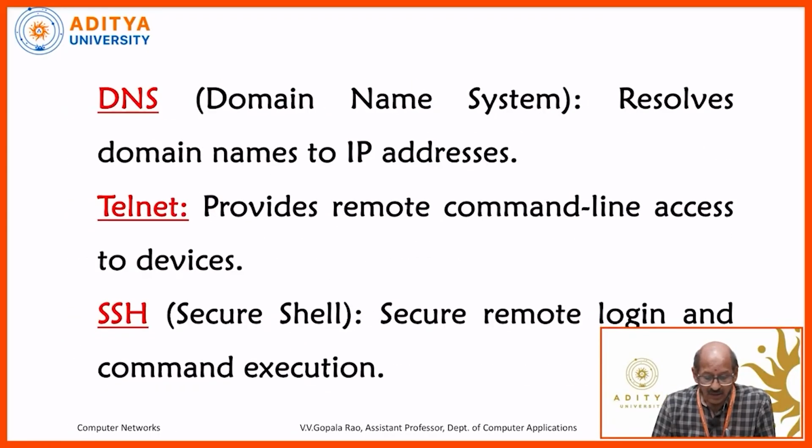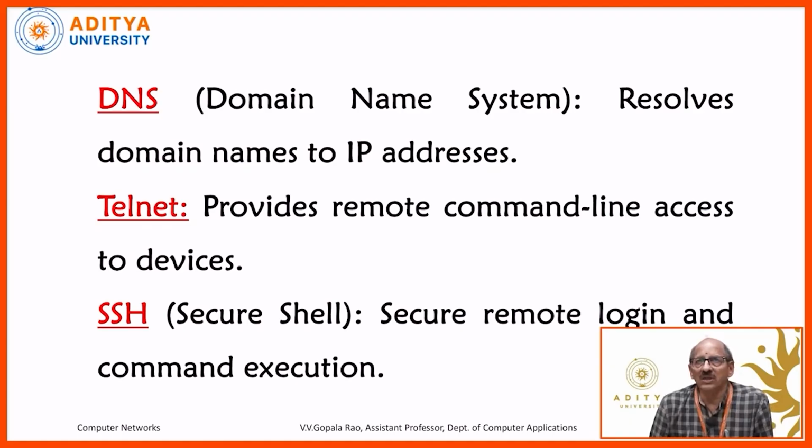And after that, the next protocol is DNS, which is meant for the naming of a system based on the domain name. For example, if you want to identify any system or any device in the network, addressing plays a very prominent role in the computer network.